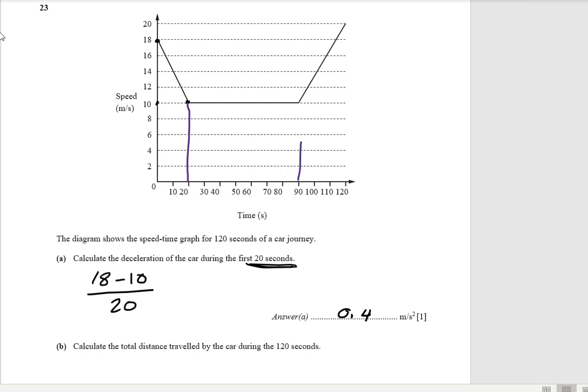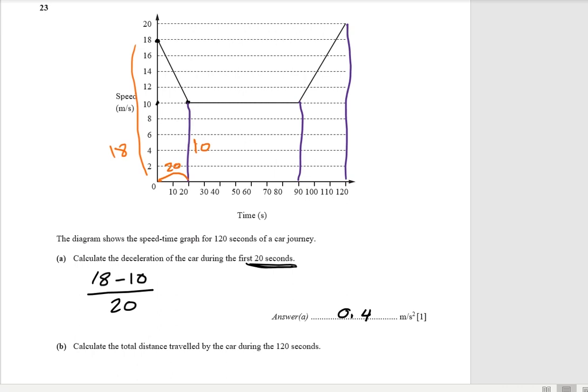So we go to the graph, divide the area into 3 areas. The first area, let us change the color. The first area is this area, with sides 18 and 10, and the time here is 20. This is the first area.